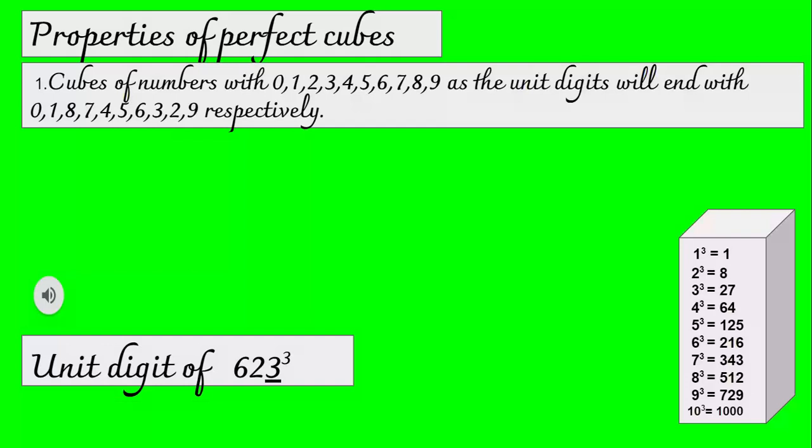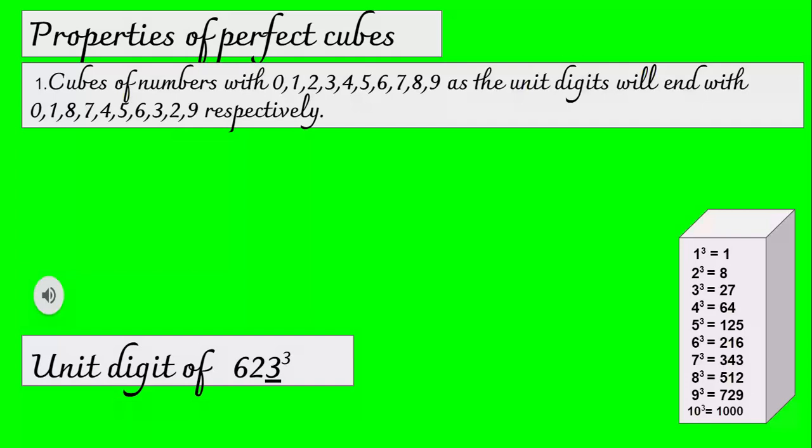That is, 3 cube is equal to 27, where 7 is the unit digit, so in the result also, the unit digit would be 7.